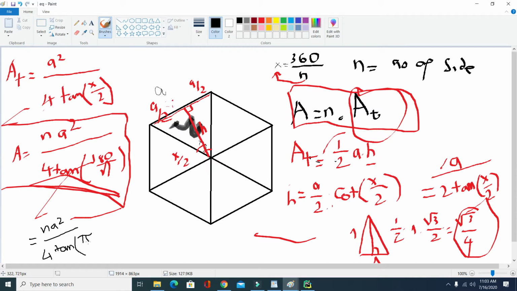Sorry about that. 180 degrees equals pi radians. So this is just essentially pi over n. So I think this is going to solve the problem.